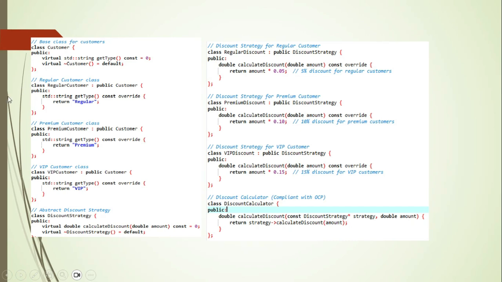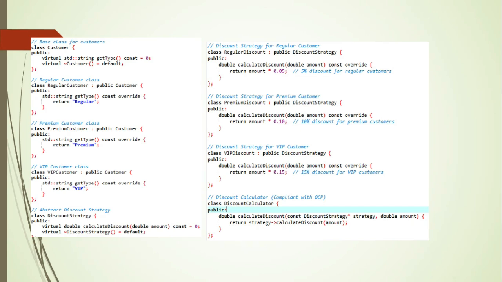So these are the concrete subclasses of Customer representing different customer types. You can see each class overrides the getType function to return a different string which corresponds to the customer type, such as in this case regular, premium or VIP.